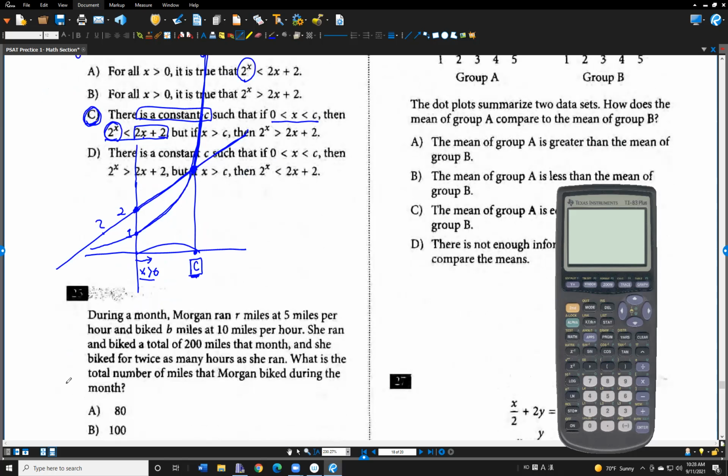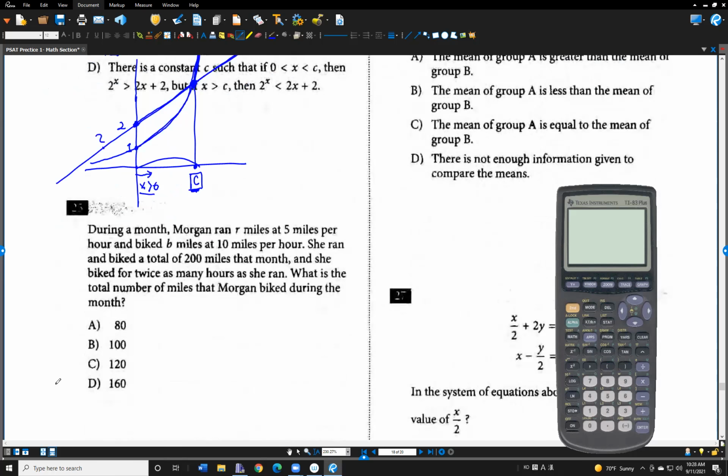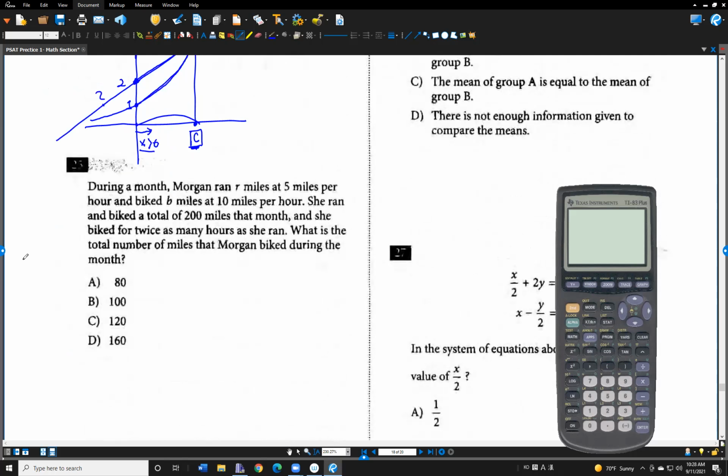All right, number 25. During a month, Morgan runs R miles at a speed of 5 miles per hour.